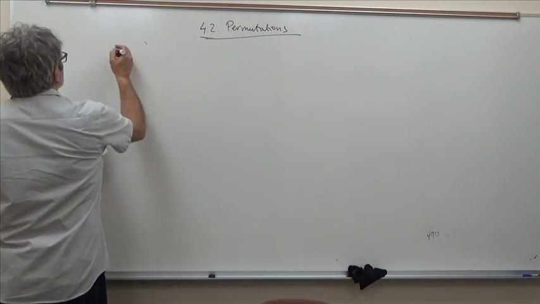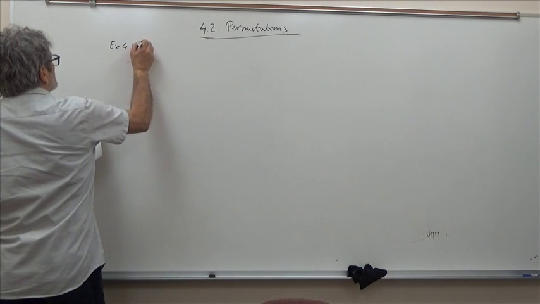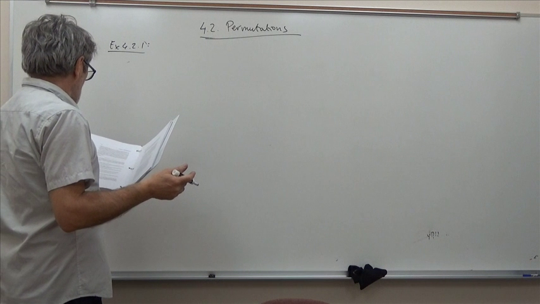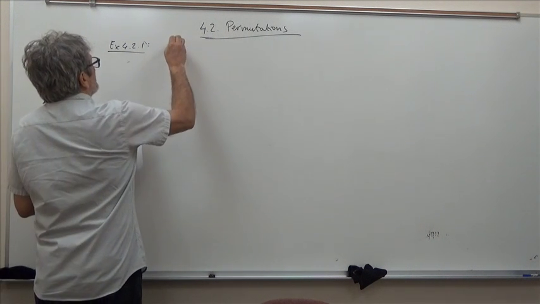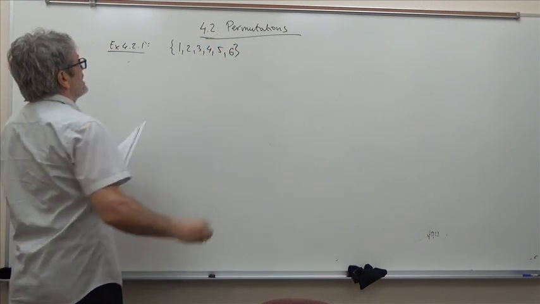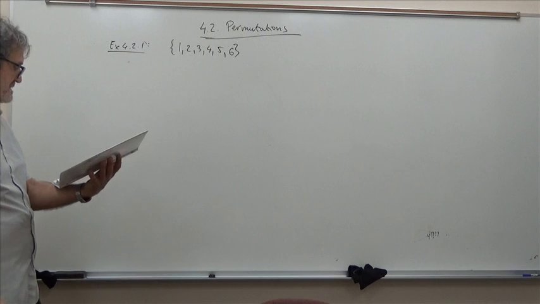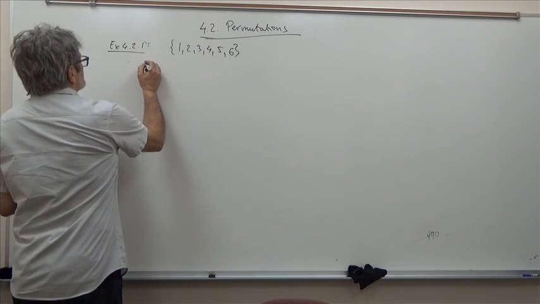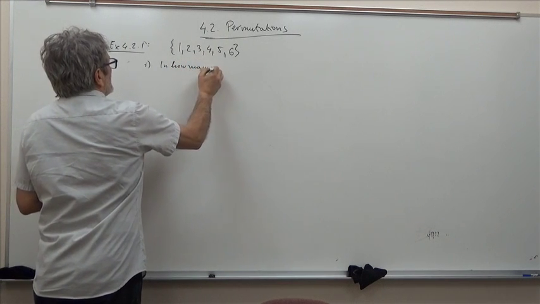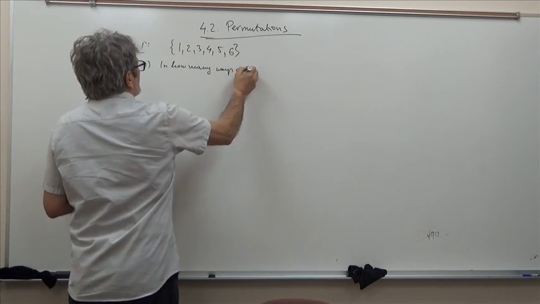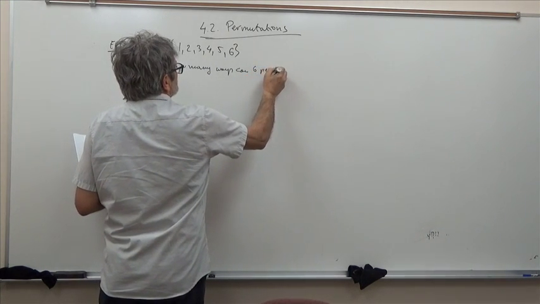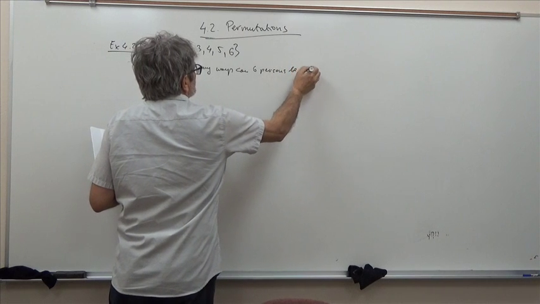So the problem says the following. Example 4.2.1. I'm not going to copy the whole problem because you have it in my notes. So 6 people are sitting on 6 spots in a cinema, labeled seat number 1, seat number 2, and so on up to seat number 6. And then the questions. Number 1, in how many ways can six persons be seated?